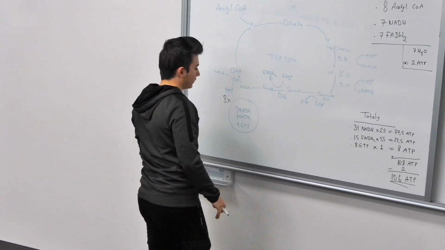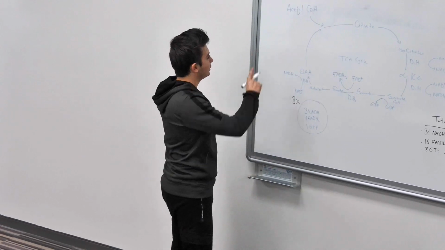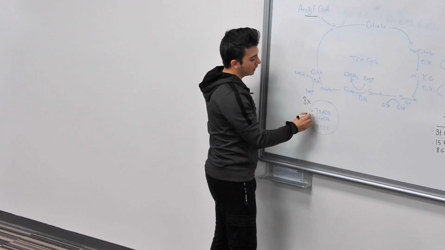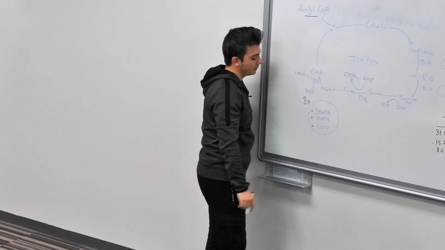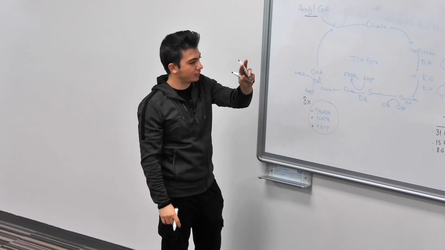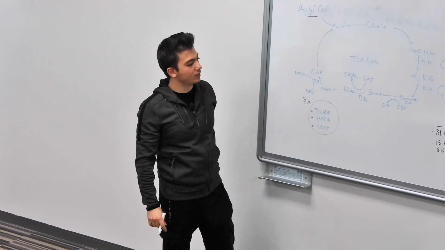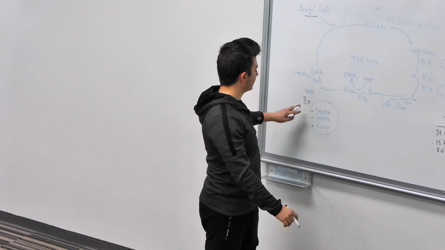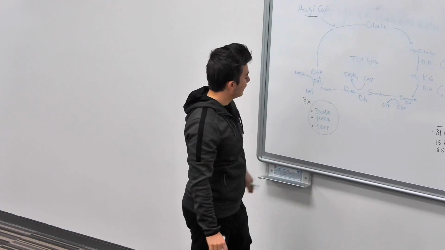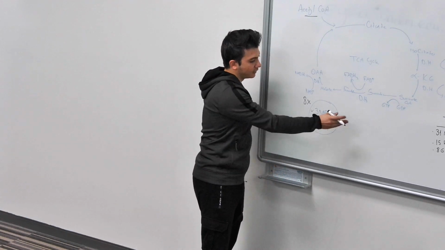Then from just a single acetyl coenzyme A, I generated 3 NADH, 1 FADH2, and 1 GTP. Good. But I have 8 acetyl coenzyme A, so we can calculate it: 24 plus 7, 31 NADH, and 8 plus 7, 15 FADH2, and I also have 8 GTP, right?